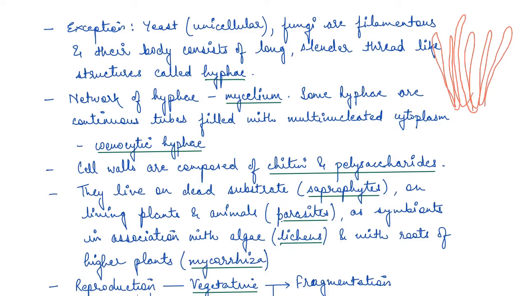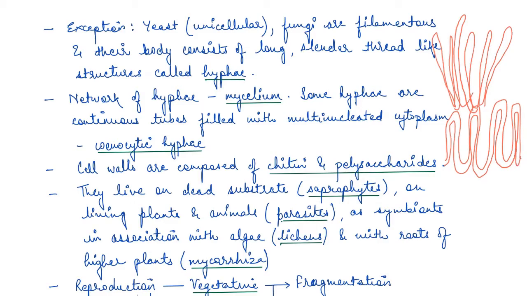Okay, and some hyphae are continuous tubes filled with multinucleated cytoplasm. So in some cases you'll find that these are continuous tubes filled with cytoplasm which has multiple nuclei, and in that case they are known as coenocytic hyphae.